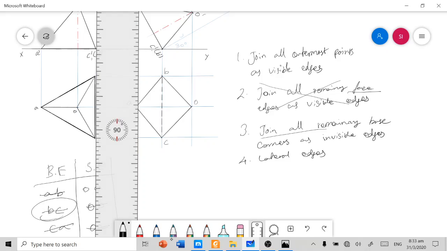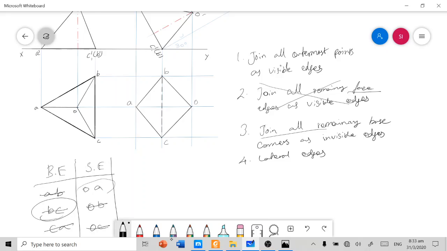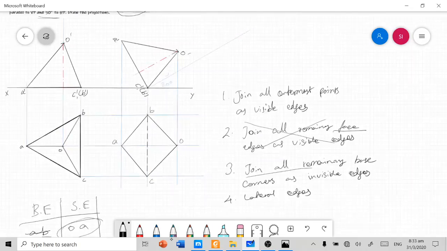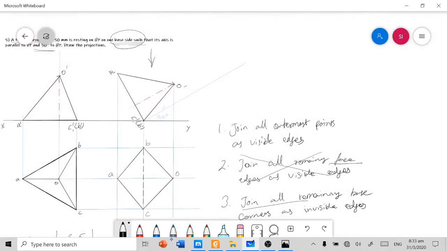And the one and only remaining unconnected edge is OA. Just look at the solid from the top. The edge OA is purely visible to our eyes, so you can connect the edge OA as a visible edge now.